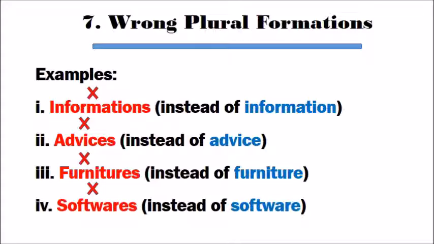So as given in the examples, "information" should remain "information", not "informations". "Advice" should remain "advice", not "advices", especially when it is spelled with C. The one with C is the noun form. "Furniture" should remain "furniture". There is no way we should have "furnitures". "Software" should remain "software".